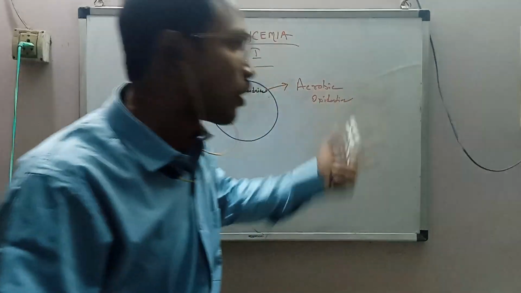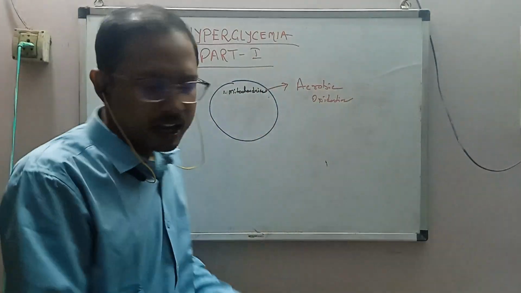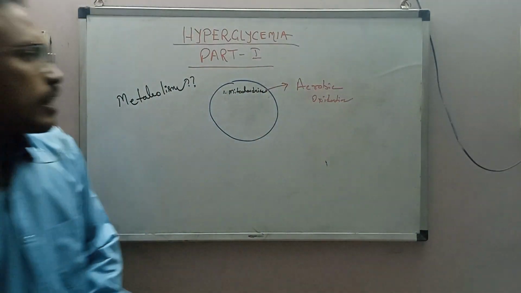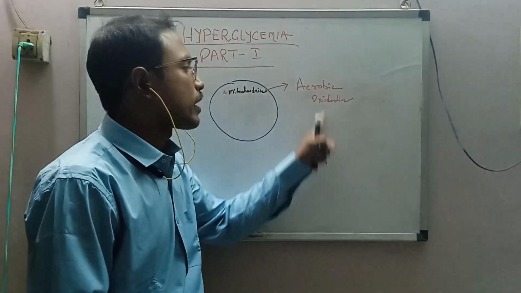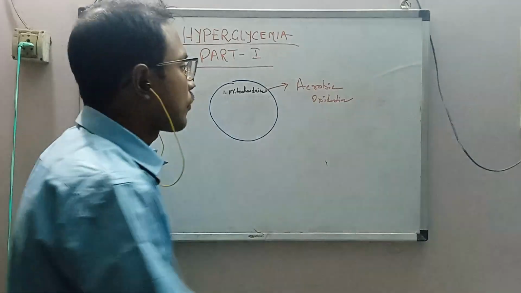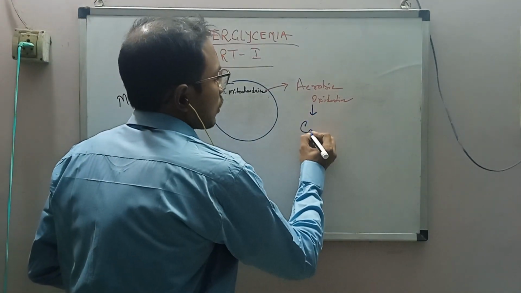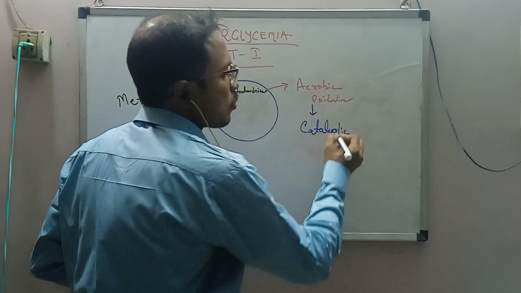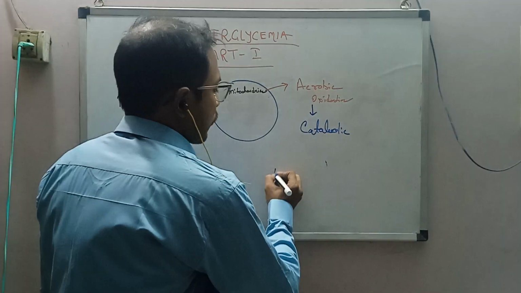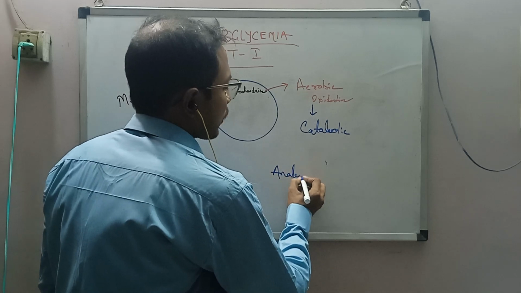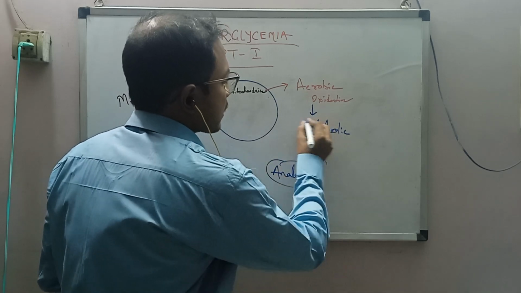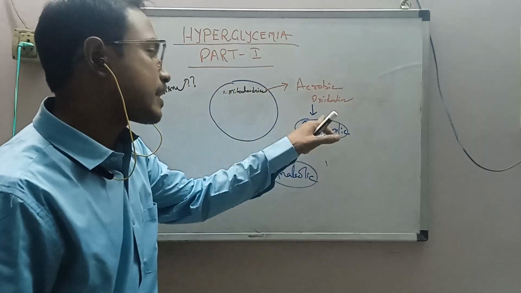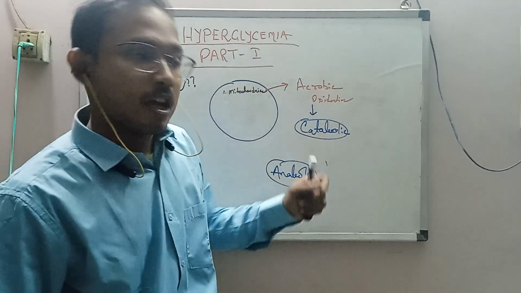Aerobic oxidation is one type of catabolic oxidation. I expect you know what is catabolic and what is anabolic. I am just briefly discussing them.